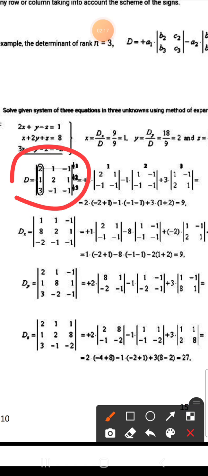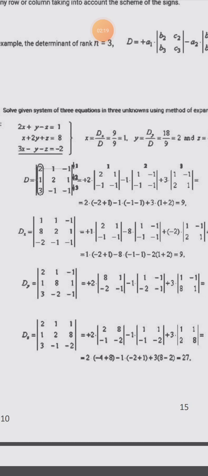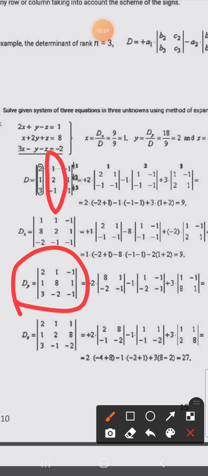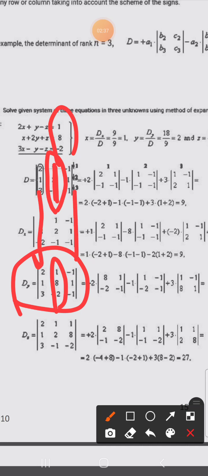Okay, if you want the determinant of y, what will you do? You will remove the coefficients of y, which are 1, 2, and negative 1, and put instead of them the answers 1, 8, and negative 2, and continue the matrix.